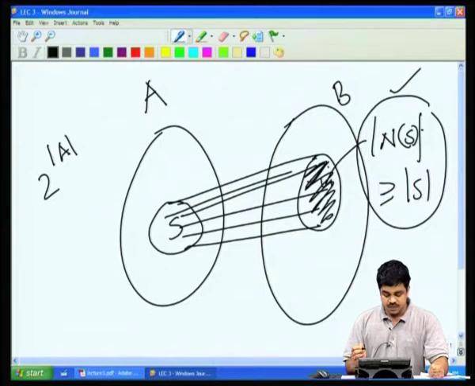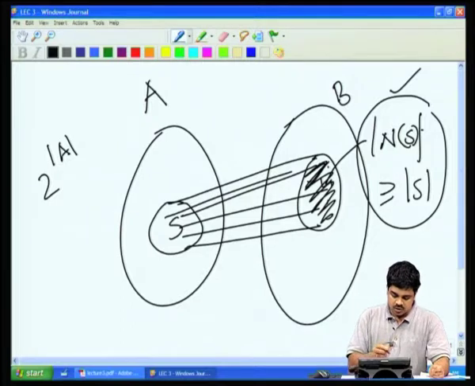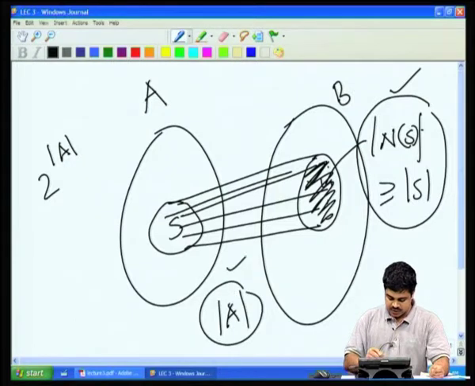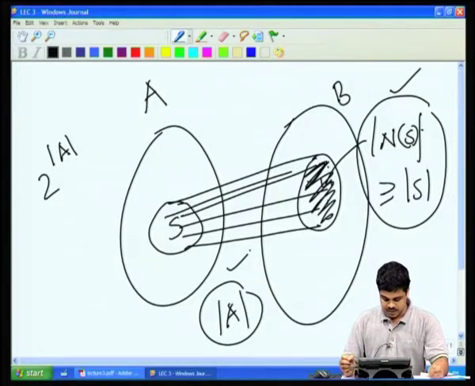Hall's theorem says if Hall's condition is satisfied, then there will be a matching of cardinality |A| in this bipartite graph.